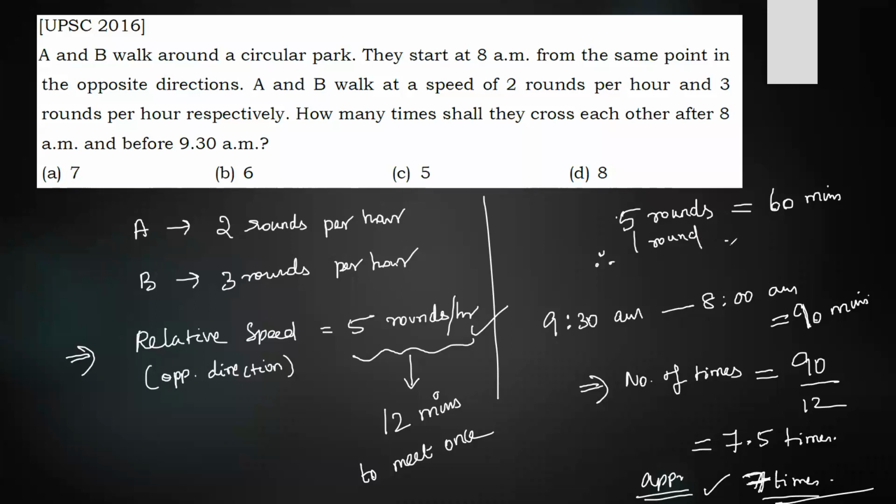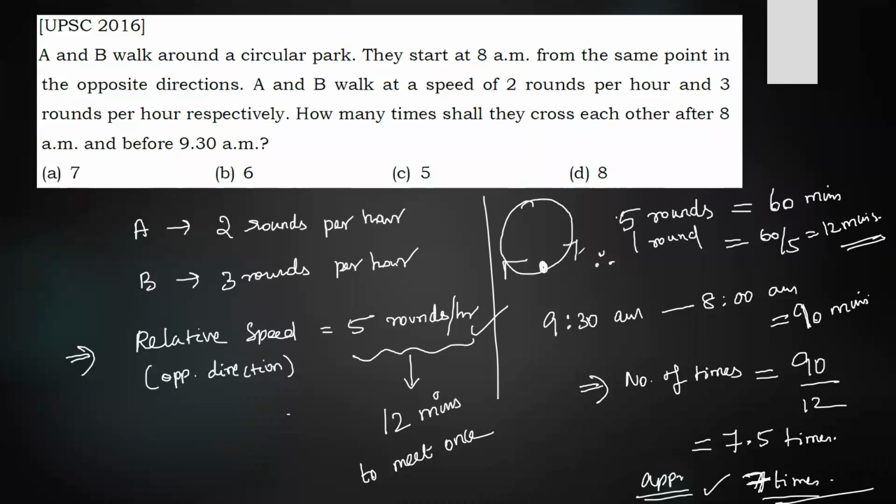We know that 5 rounds in 1 hour, that is 5 rounds in 60 minutes. Therefore, for 1 round, 1 time meet, it is 60 by 5, 12 minutes. They will take 12 minutes to meet each other.